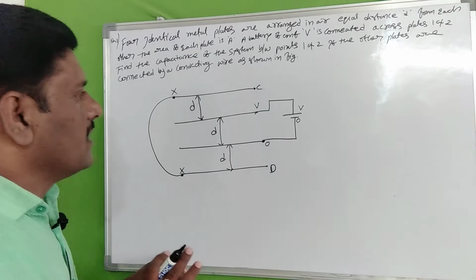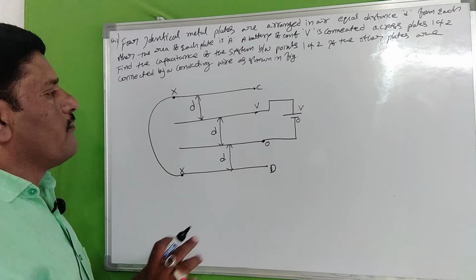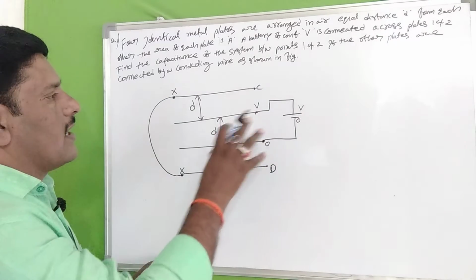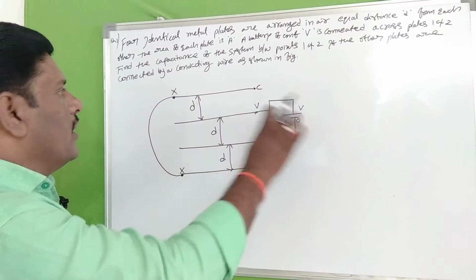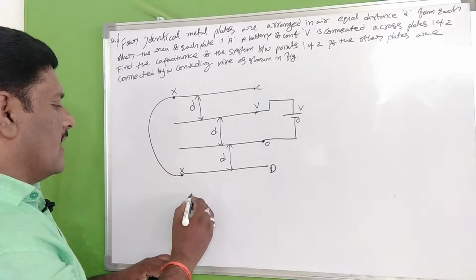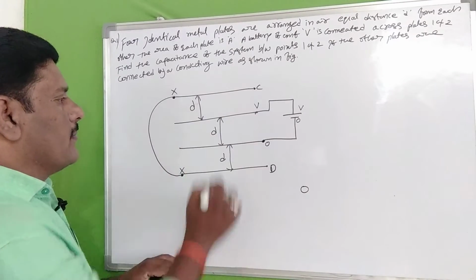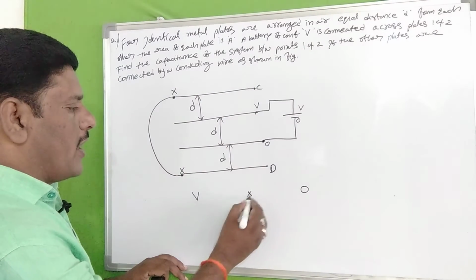Now we draw the simple diagram for the capacitors. The capacitance between V, O and X: take V, O, and X at the midpoint.